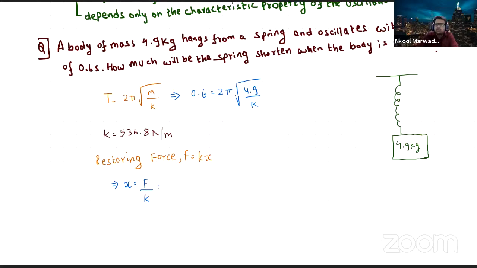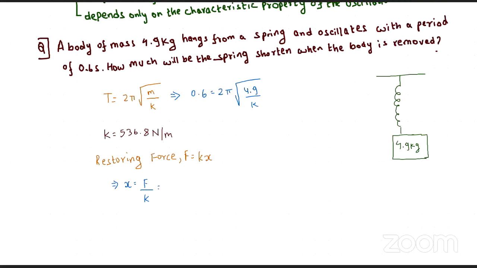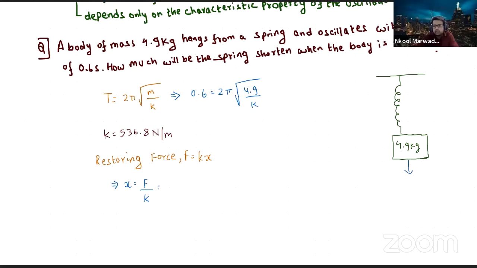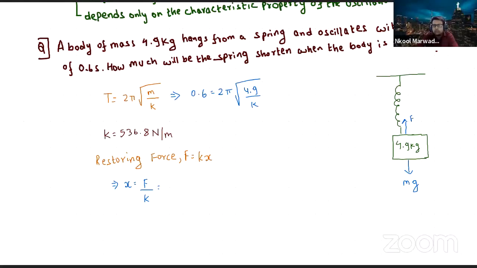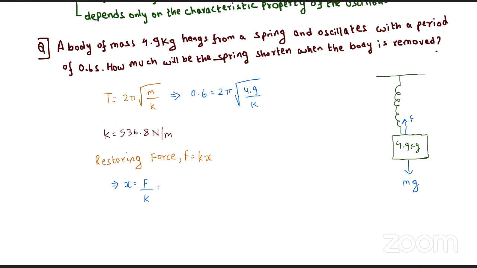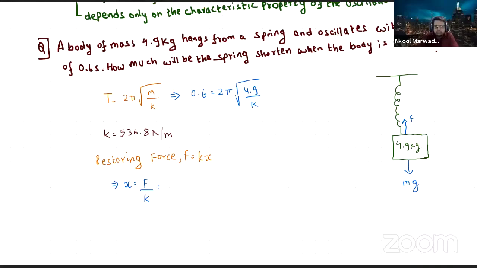Now we know that in the vertical spring-mass system, it is experiencing a force mg, and the restoring force is acting in the opposite direction. So the restoring force is equal to the mg force, because of which it is balanced. So the restoring force is mass into acceleration due to gravity.